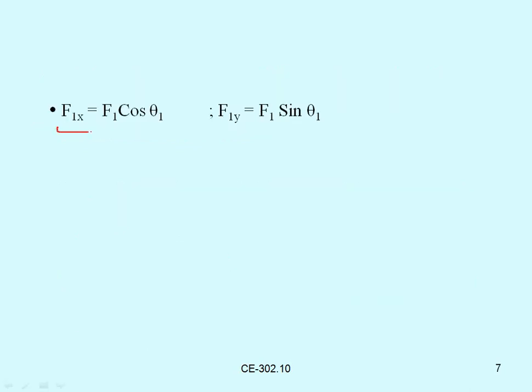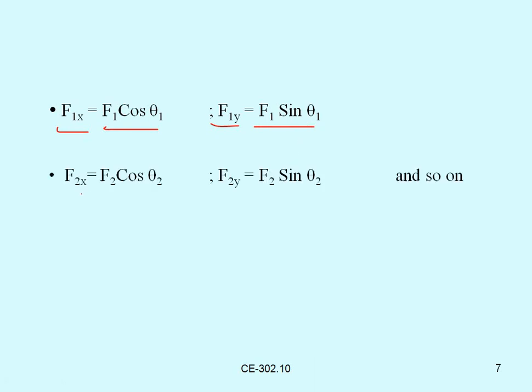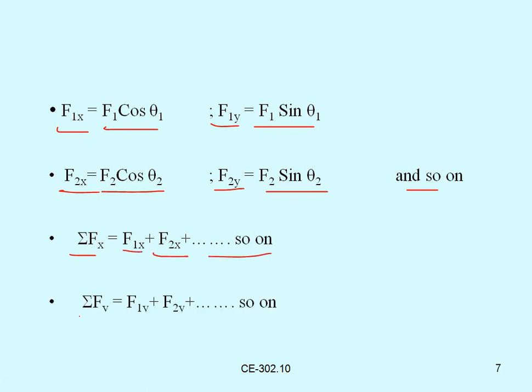F1x is equal to F1 cos theta 1 and F1y is equal to F1 sin theta 1. Similarly, F2x is equal to F2 cos theta 2 and F2y is equal to F2 sin theta 2, and so on. Sigma Fx is equal to F1x plus F2x and so on, and sigma Fy is equal to F1y plus F2y and so on.